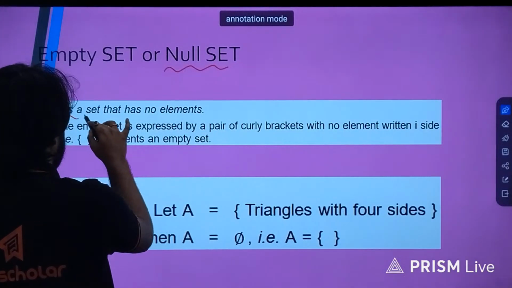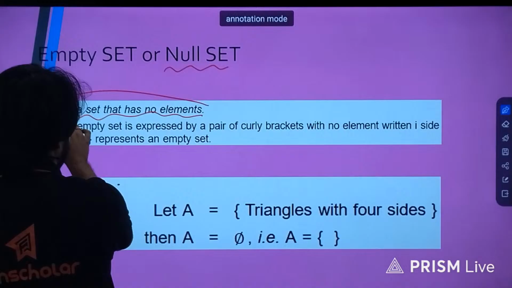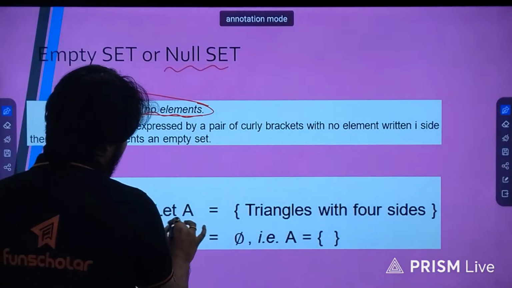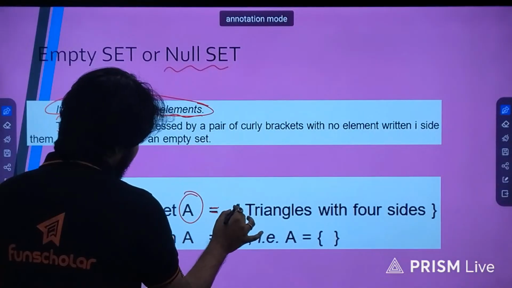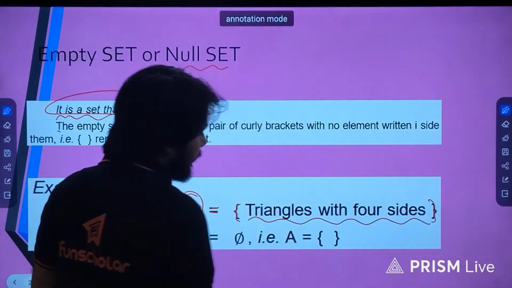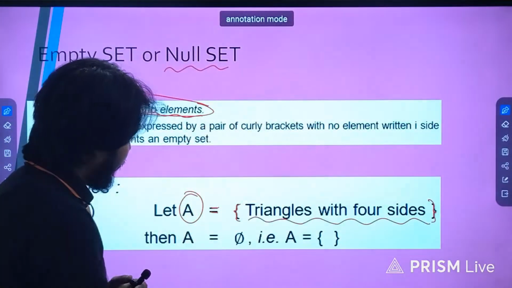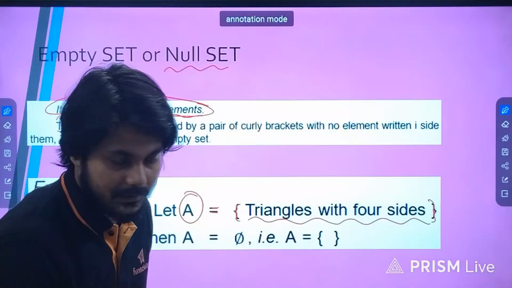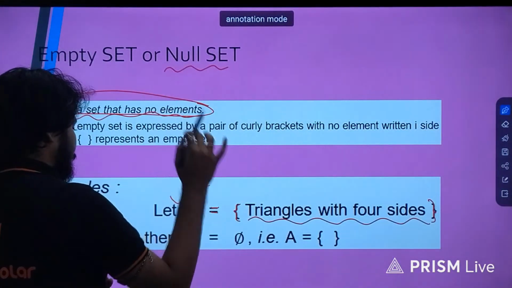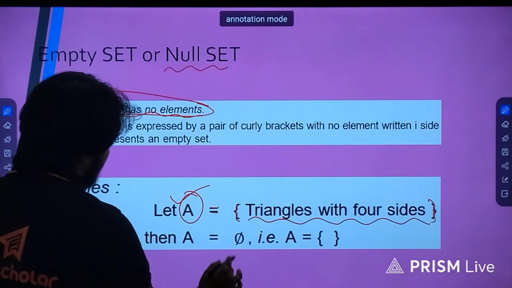It is a set that has no elements, जिसका कोई एलिमेंट नहीं होता. For example, A equal to curly brackets triangles with four sides. Is there any triangle that has four sides? No. So this will be a null set. How can we represent null set?